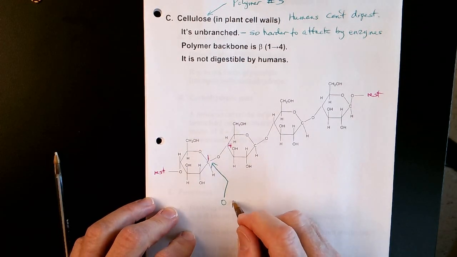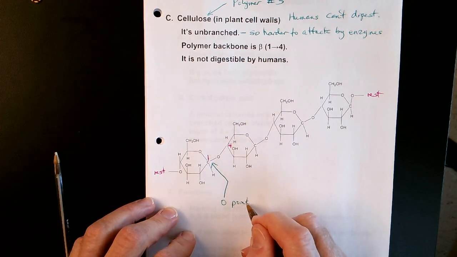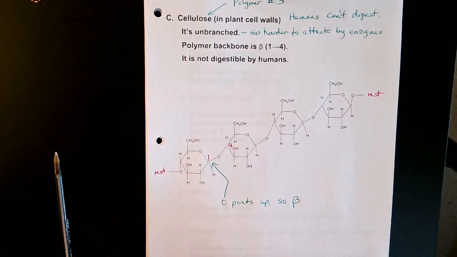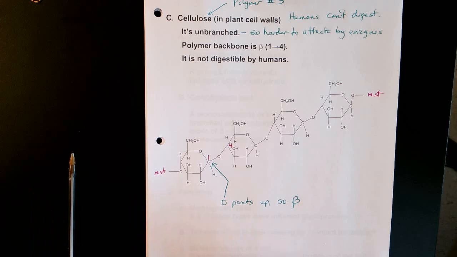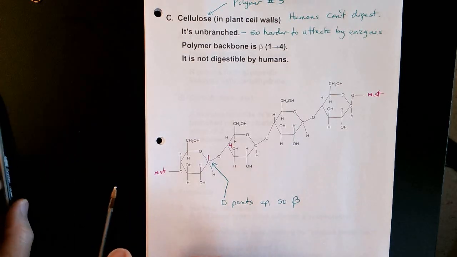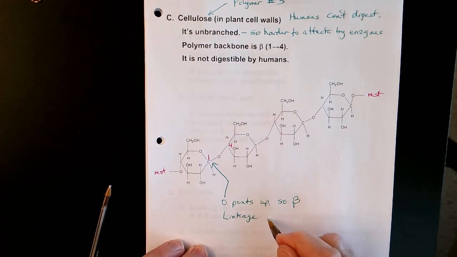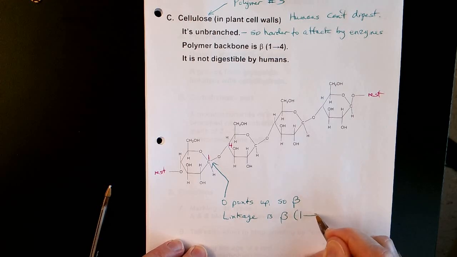This oxygen points up, so that makes it above the ring, it's beta. And the linkage is now, it's still 1,4, but it's not alpha anymore. This is beta. Carbon number 1 on one ring to 4 on the other ring.